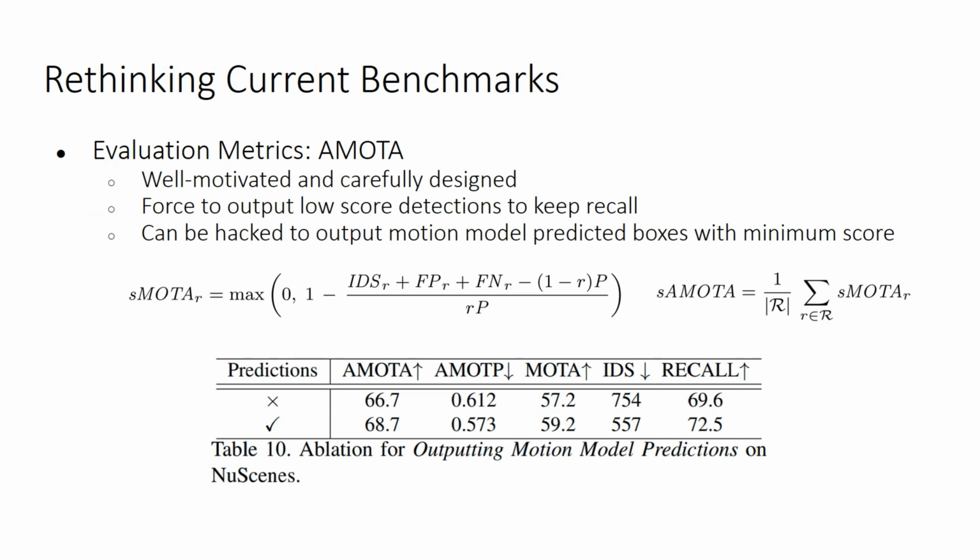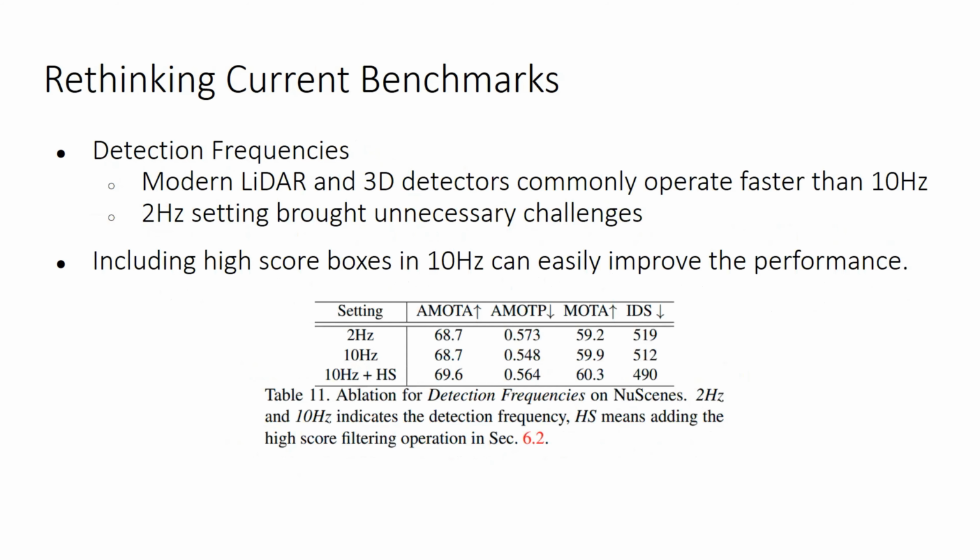And the second finding is that on the nuScenes dataset, the evaluation is performed at 2 Hz, but currently modern LiDAR and 3D detectors commonly operate faster than 10 Hz. Actually, we have better motion and association information when using high FPS detections.